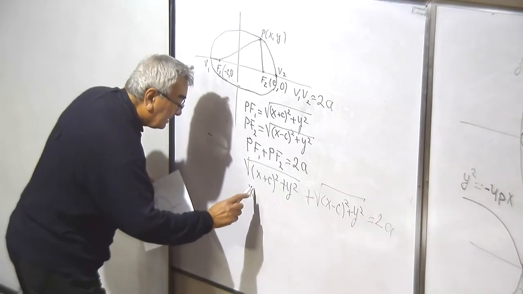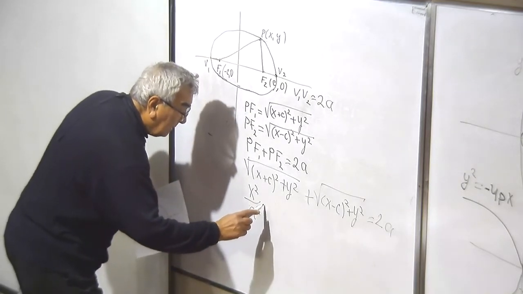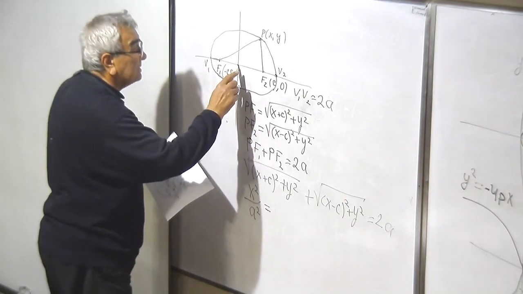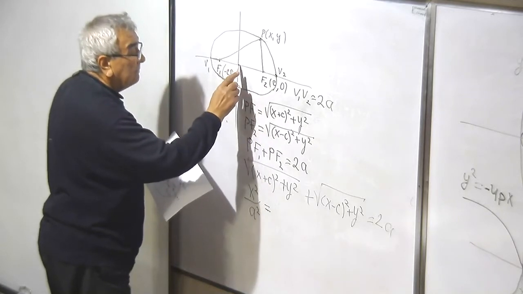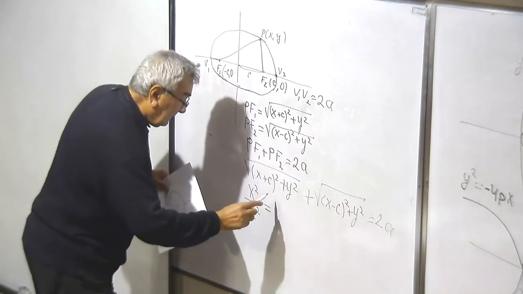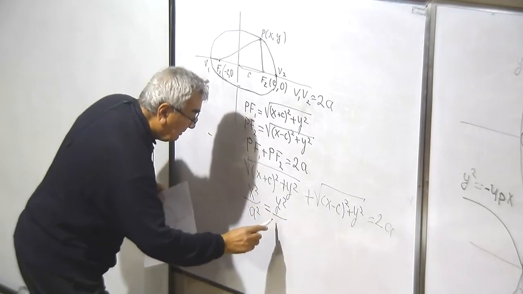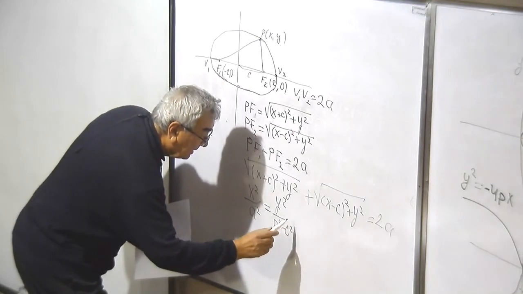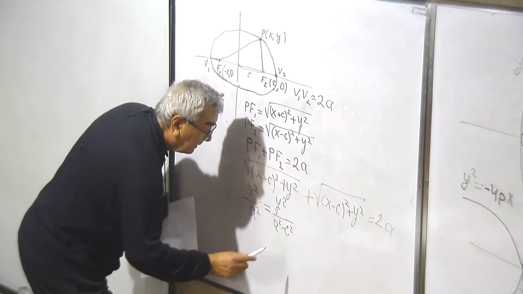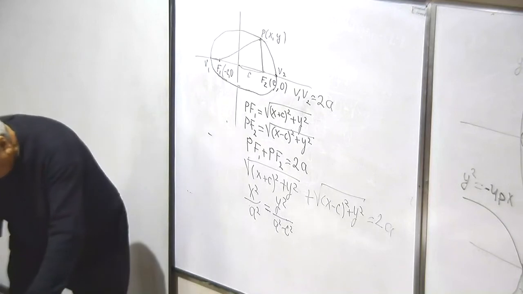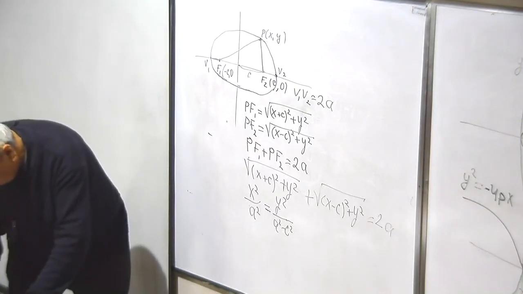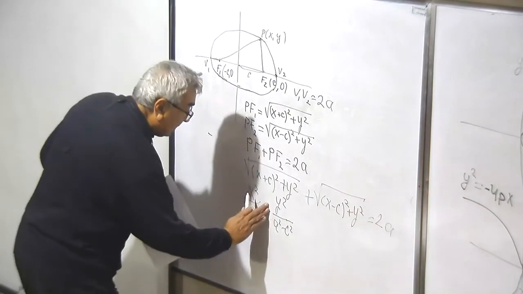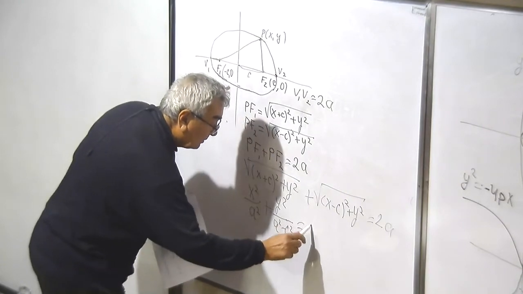That means there will be x square divided by a square plus y square divided by a square minus c square, equal to 1.